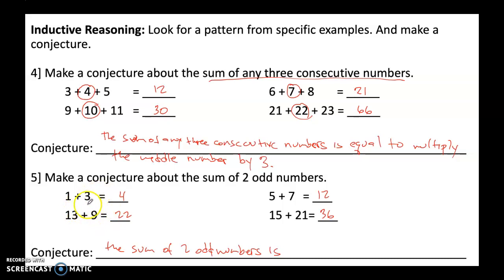Let's use the observation. 1 plus 3 is equal to 4, and 4 is an even number. 13 plus 9, 22, is also an even number. 5 plus 7 is 12, also even. 15 plus 21, 36, is also even. Therefore, the sum of two odd numbers is an even number.